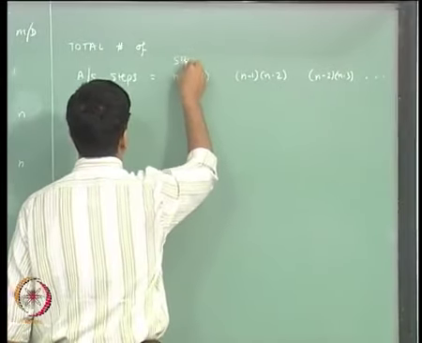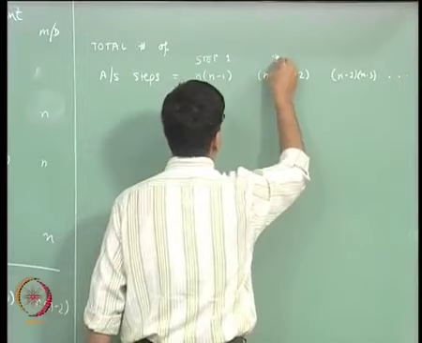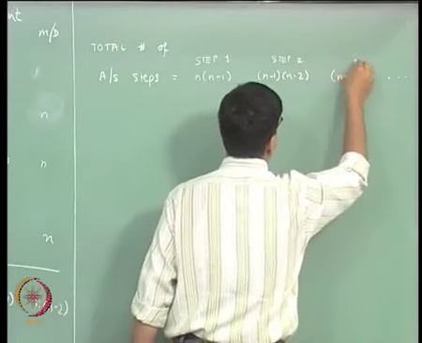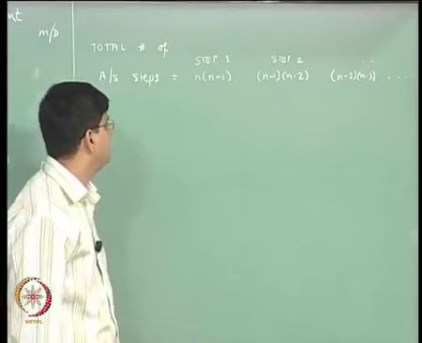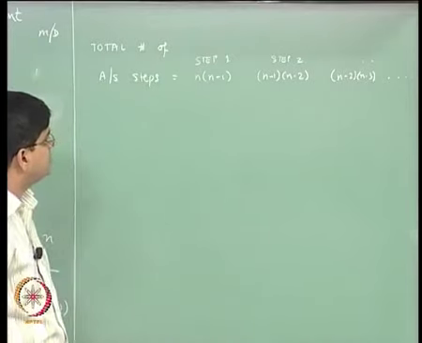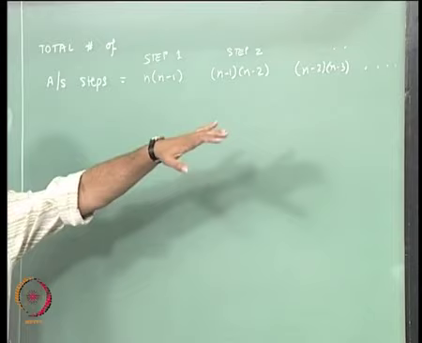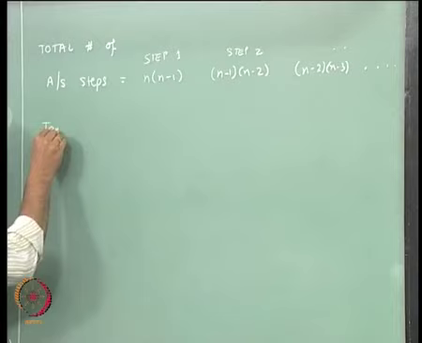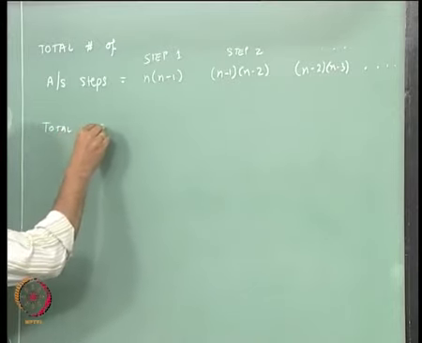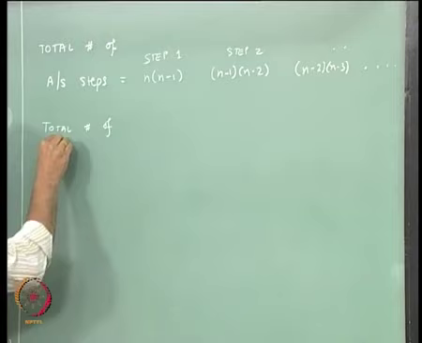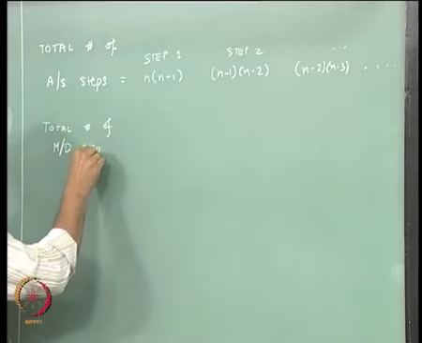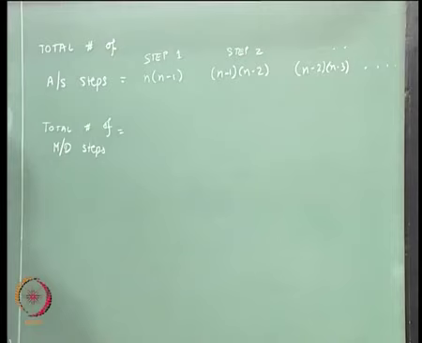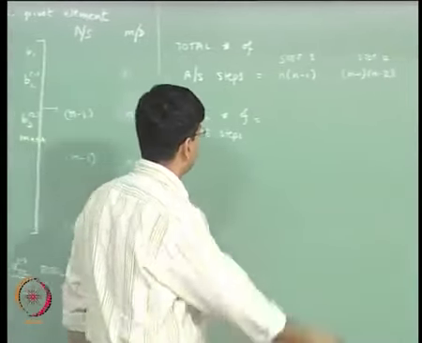This is in step 1, step 2 and so on up to step n minus 1, and in step n minus 1 we will have 2 multiplied by 1 number of steps. The total number of multiplication and division steps are going to be n plus 1 multiplied by n minus 1, n multiplied by n minus 2, so on and so forth.